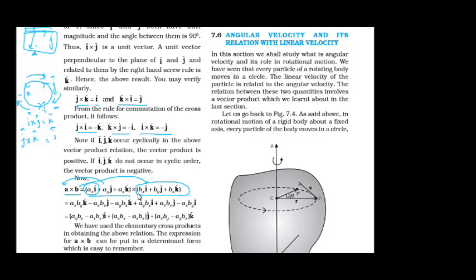axi multiplied by bxi. Now i cross i is 0, so this whole first term is 0, so we have not written it.